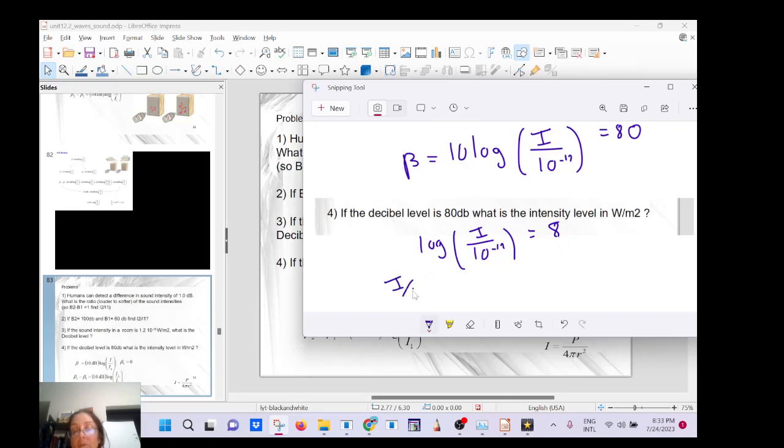So the log is the exponent. This is the exponent that you have to place on base 10 to get the inside. Okay, so that means that I equals 10 to the negative 12 times 10 to the 8, which is 10 to the negative 4 watts per meter square. Okay?